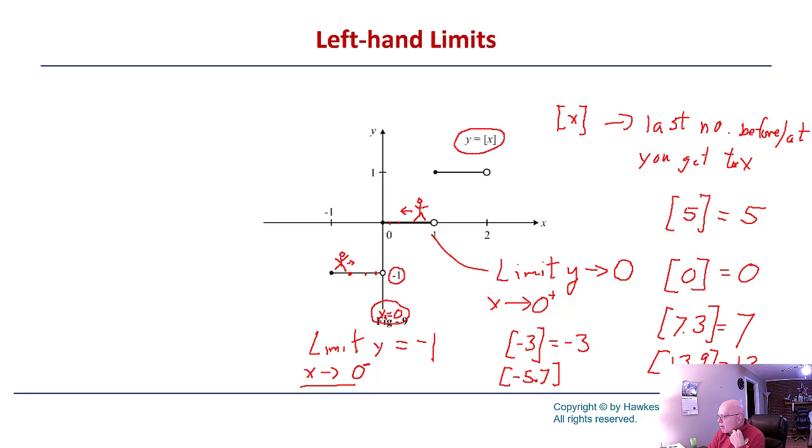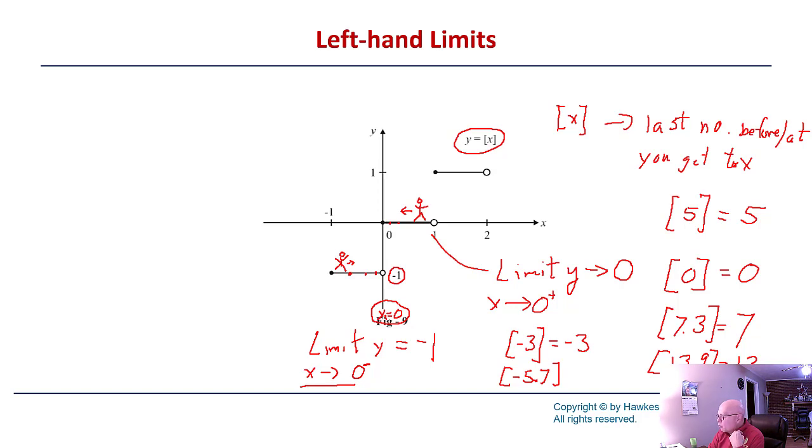Now things get a little bit more interesting. Because over here with the positive numbers, it almost looks like when you want the greatest integer, you just throw away the decimal part. But that's not quite true. Think of it as walking along the number line from left to right until you get to 7.3. What was the last integer you saw? 7. Last integer before you got up to 13.9?